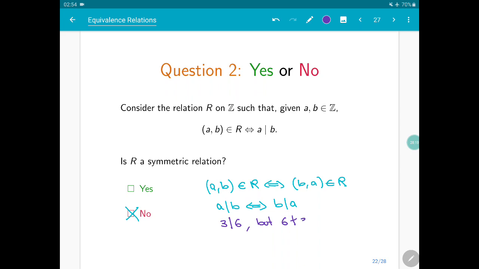Otherwise, if 6 divided 3, you would easily get a contradiction. Okay, so this is not a symmetric relation.